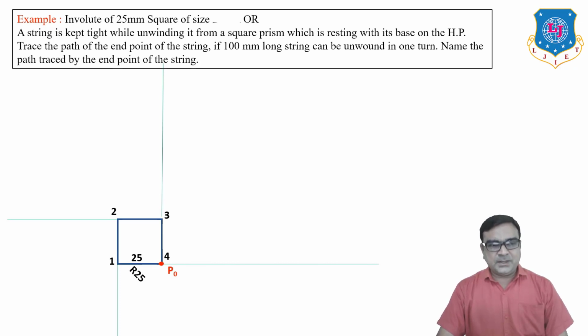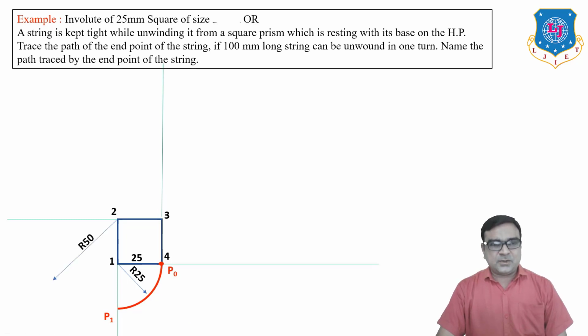Now when we open the thread from P0 up to tangent T1, we will get one quarter circle of radius 25 mm. So this arc is drawn by taking 1 as center, 25 mm radius, and drawing an arc from P0 to P1.